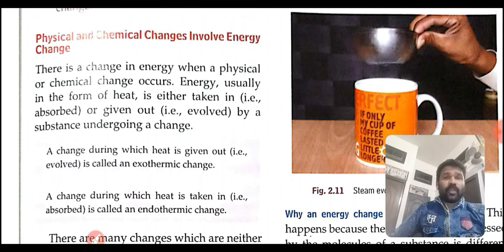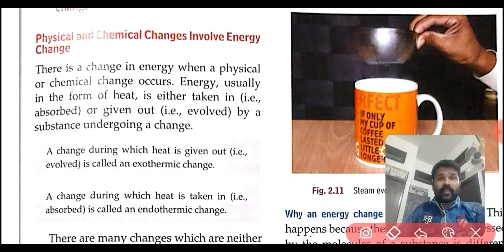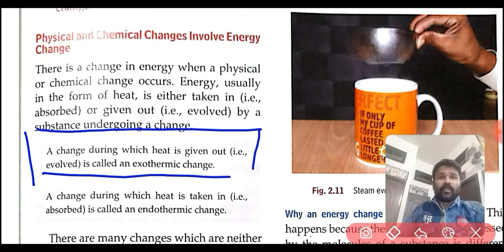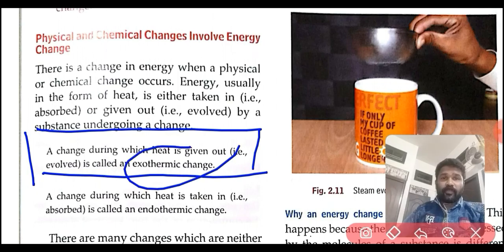So there are two definitions for these two different conditions: heat evolved and heat absorbed. First, a change during which heat is given out or evolved is called an exothermic change.